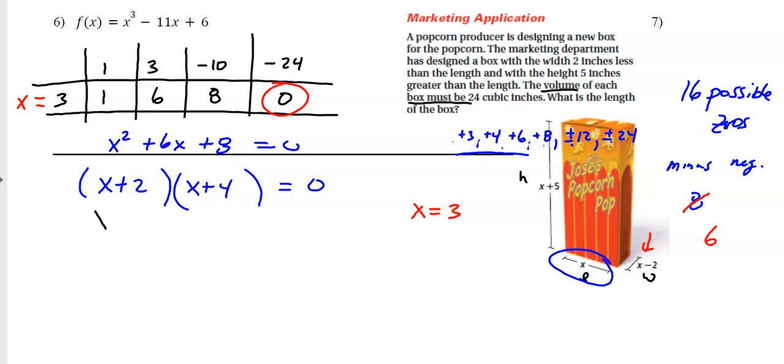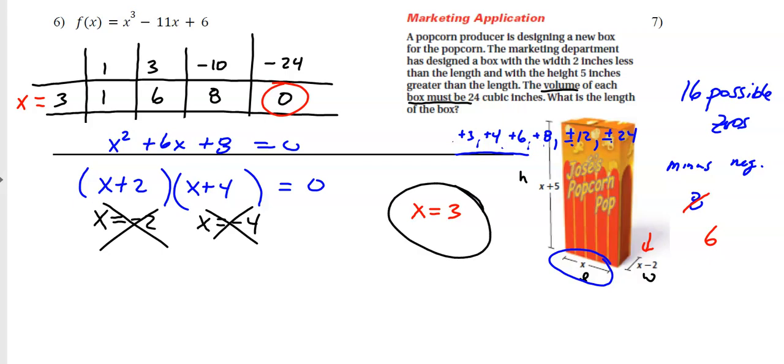And both of those give me negatives, which we already determined x cannot be negative or this problem doesn't exist. So it looks like the correct answer here has got to be 3. And if I test it out, this is going to be 3 times 1 times 8. And 3 by 1 by 8 will give me 24. So we've answered the question.